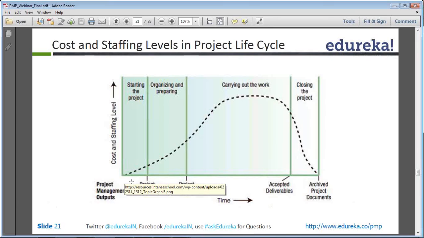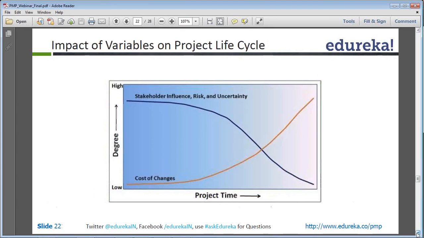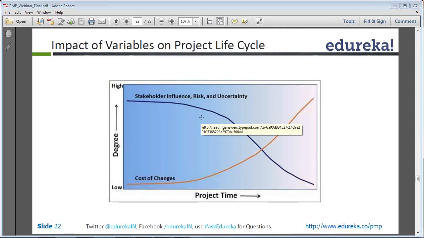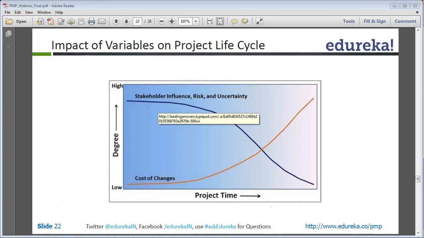And then as the project comes to closure, again the number of resources reduces till all the resources are released from the project and the cost also comes down to zero. What we see is that at the beginning of the project the cost is low, and as the project goes on the cost starts increasing and ends at a high and the maximum cost.